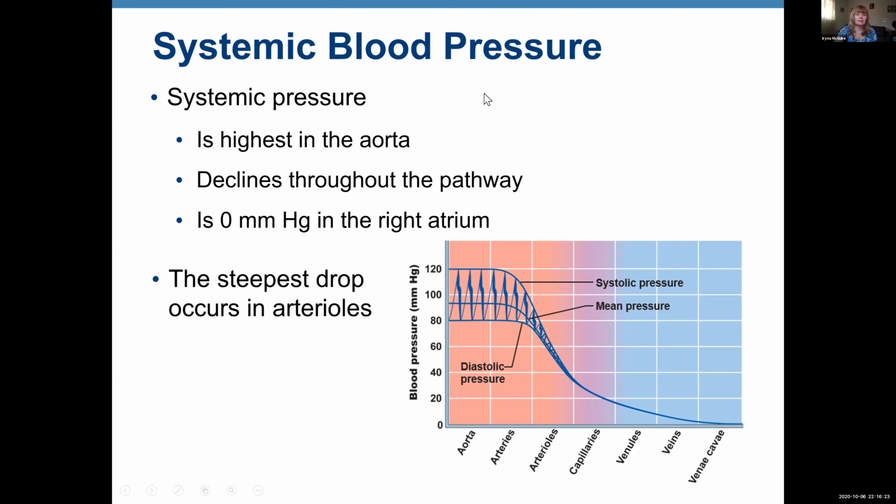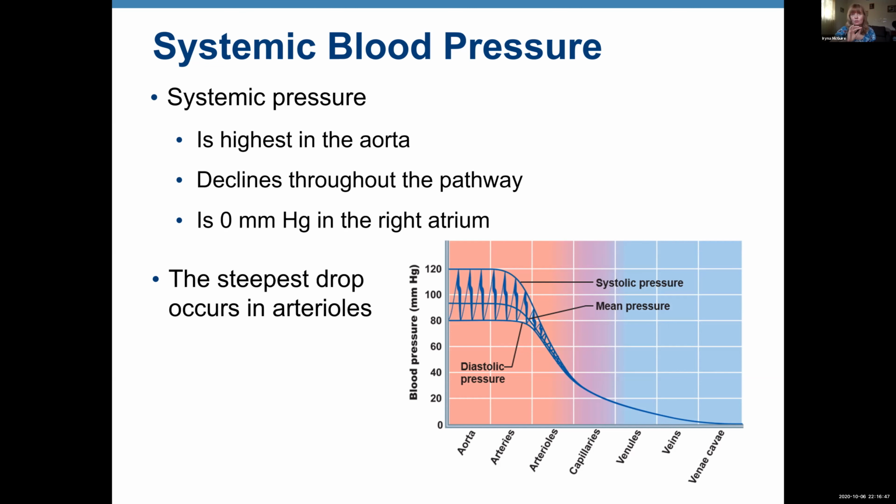Okay. Systemic blood pressure. Why do we call it systemic blood pressure? Because if you remember, we have systemic circulation and pulmonary circulation. Systemic circulation is oxygenated blood pumped by your heart to your organs and organ systems, and it returns from your tissues and organs back to the heart.